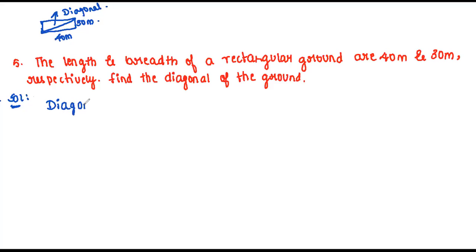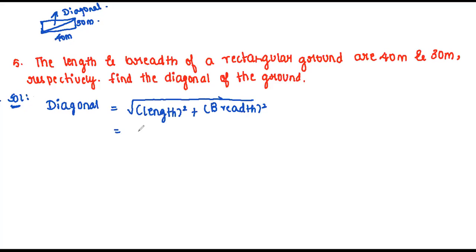Listen now, stop writing. To find the diagonal, we have the formula: square root of length whole square plus breadth whole square. So this is the formula we use.